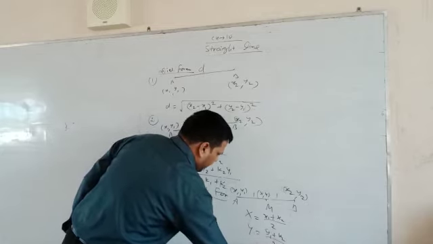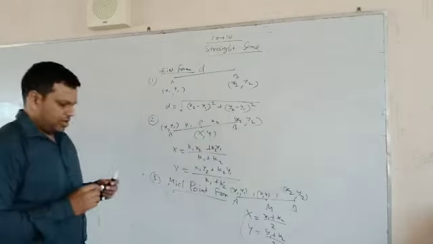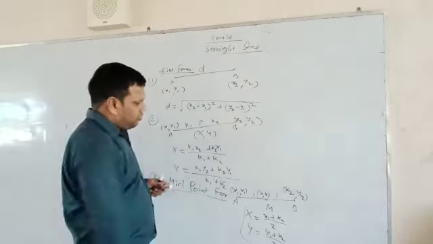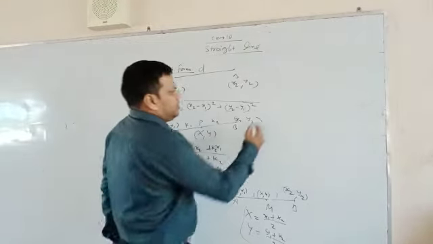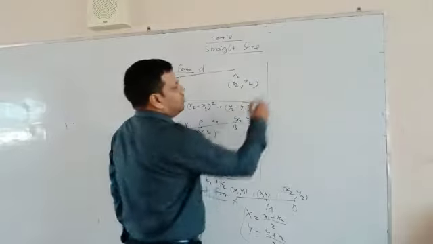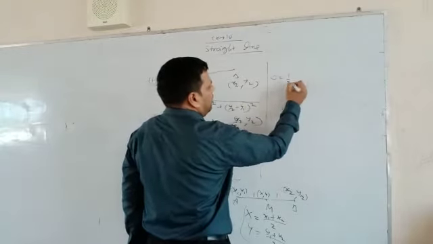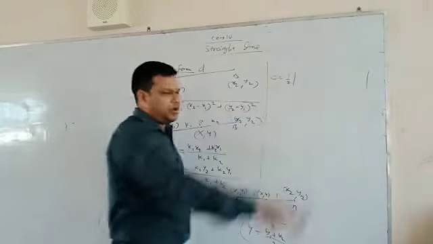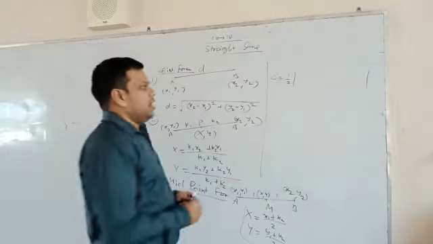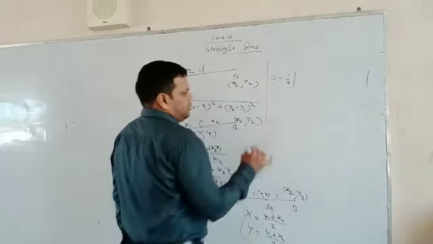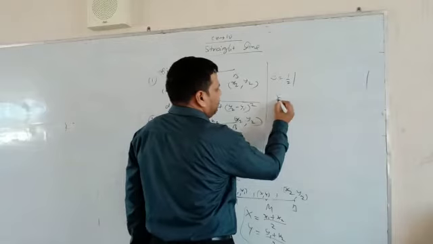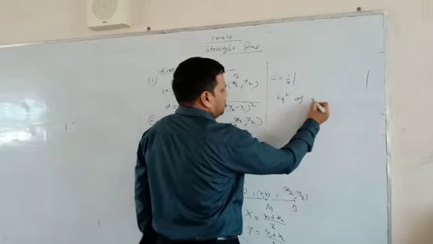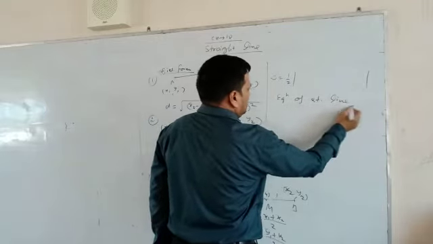So this is the midpoint formula. Here also you know the triangle formula, half into something, you already studied that. I'm not going into that, but here you should study the equation of a straight line.